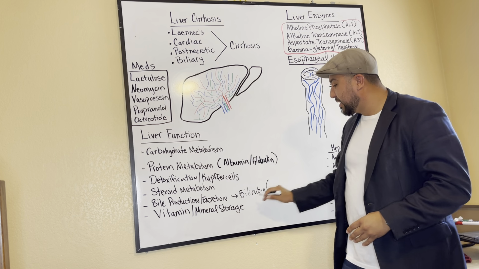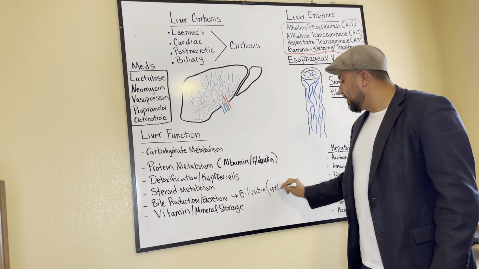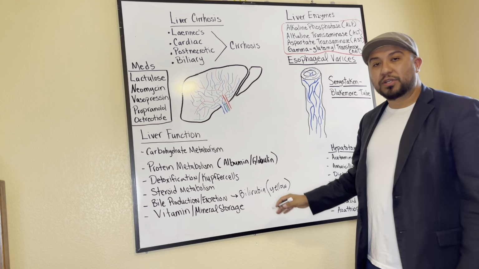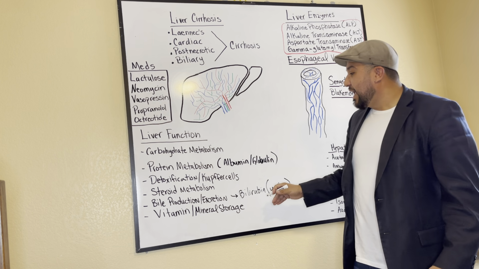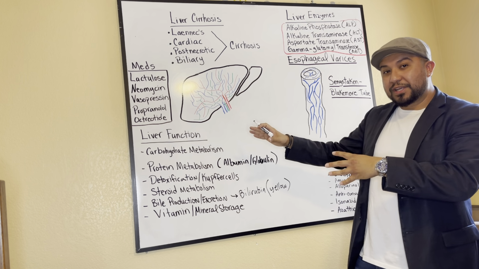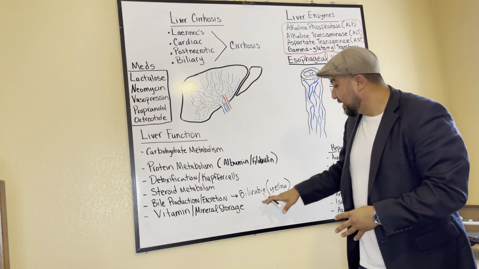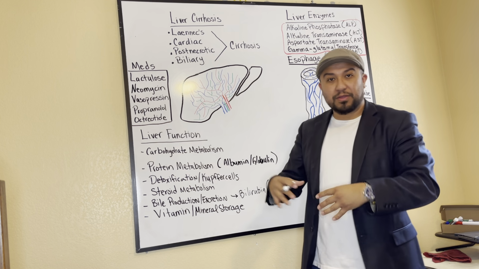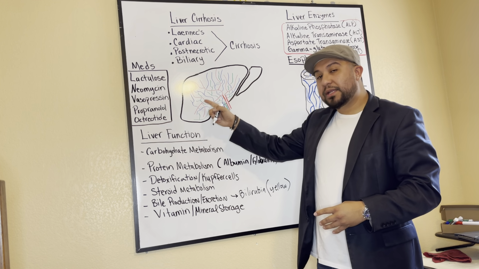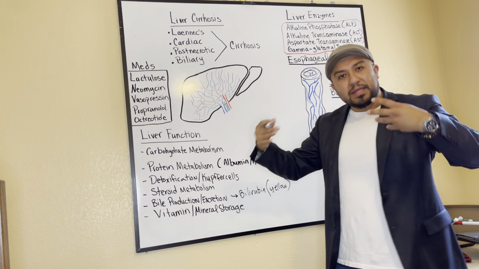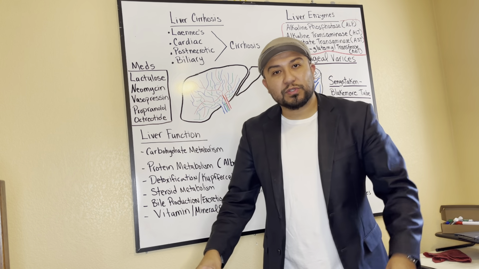Now, this is important because bilirubin has a yellow pigment to it, as I mentioned before in previous videos. And our liver's responsibility is to get that bilirubin after it's broken down the RBCs and excrete it via the bile. And that's how we get rid of it in our stool as well.